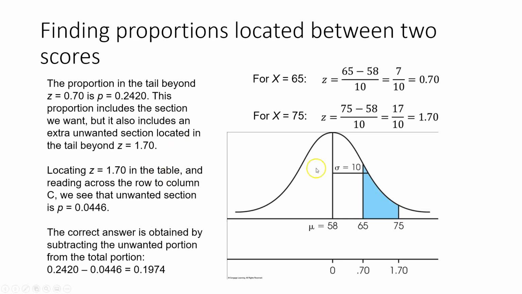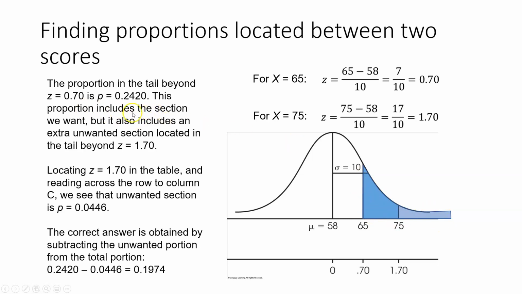You could look at the proportion in the tail beyond 0.7. That's this entire region here. But, problematically, this section here is not a portion that we're actually interested in. So if you look at this entire region, you'll find that the probability is 0.2420, or 24% of scores falling in this region.